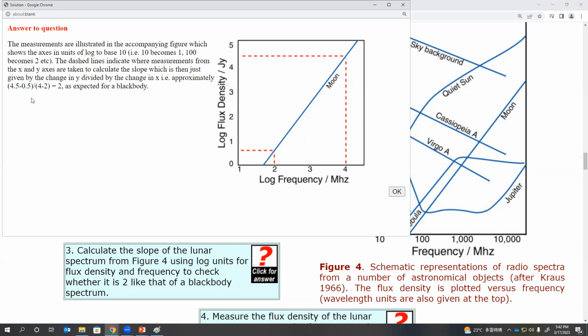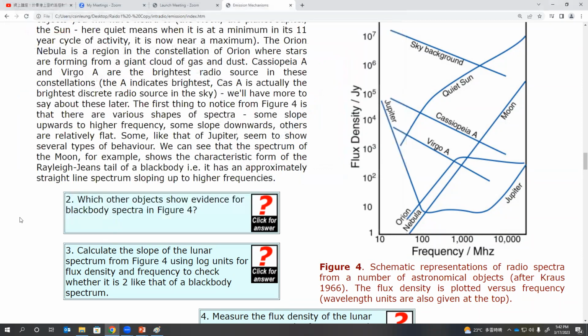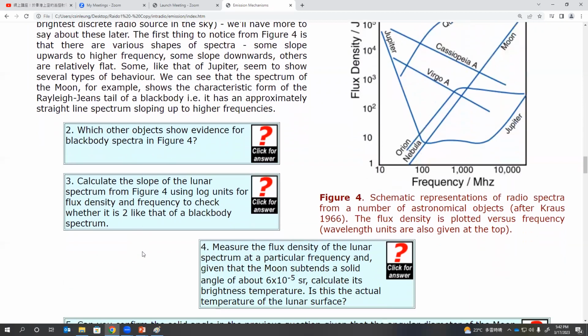So the difference is 4, and here corresponding to 2. So this is what we expect for the blackbody spectrum. Can you follow? So the moon satisfies the positive slope of 2 for the Rayleigh-Jeans tail approximation.